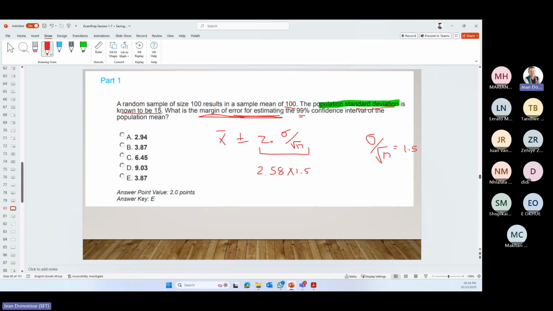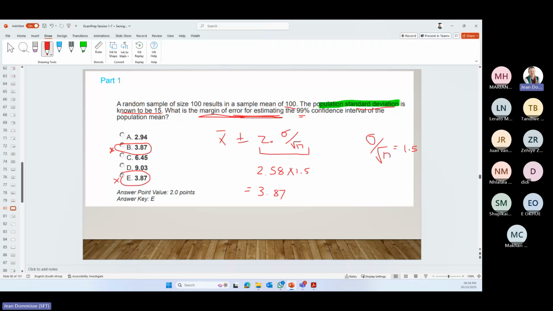So it is basically your Z times your standard error. 2.58 times 1.5 gives you 3.87. Okay, 3.87.